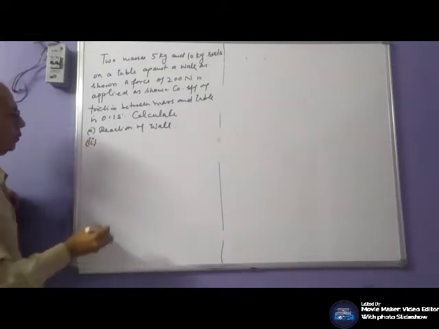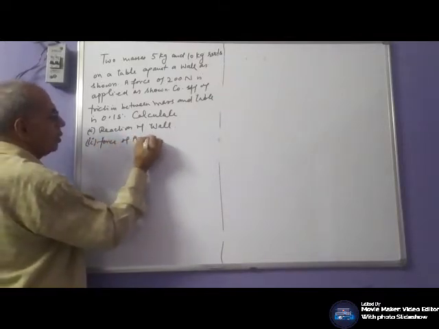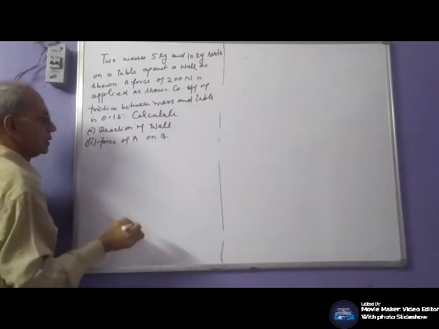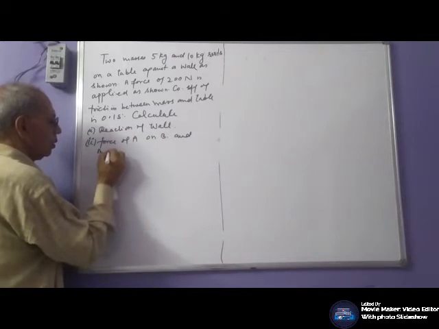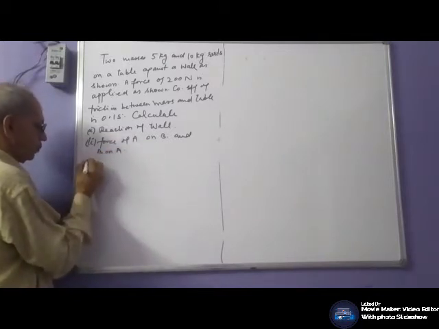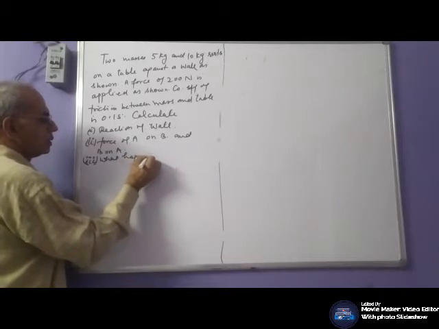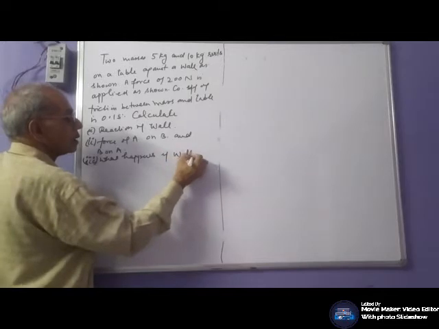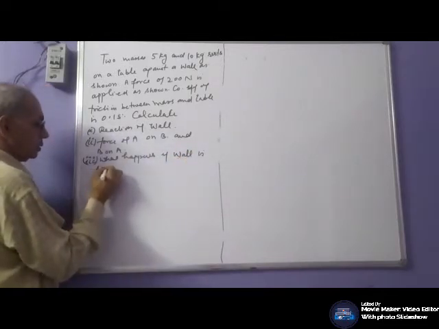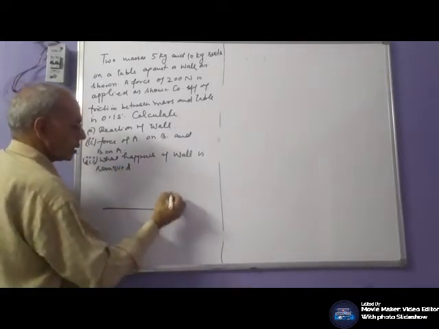Second, force of A on B and B on A. What happens if wall is removed, and this is that figure?